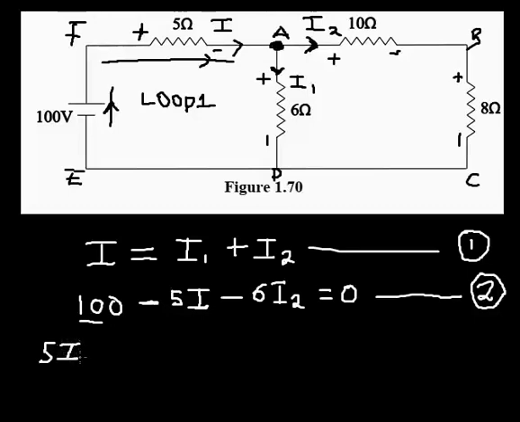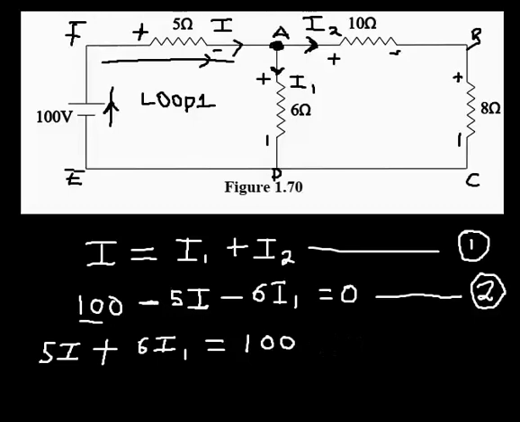The same thing happens with minus 6I1: the current passing through the 6 ohm resistor is I1, so minus 6I1 goes over and becomes plus 6I1, equal to 100 volts. I can call that equation 3.